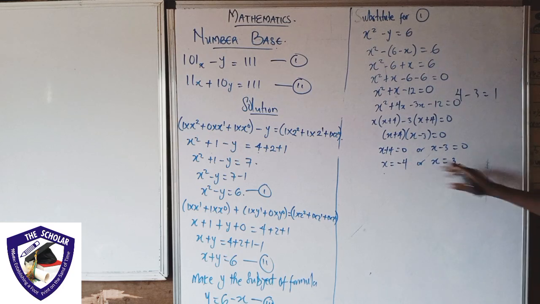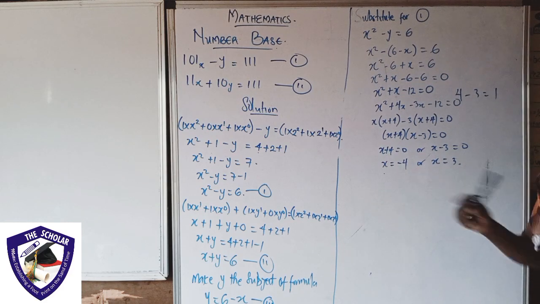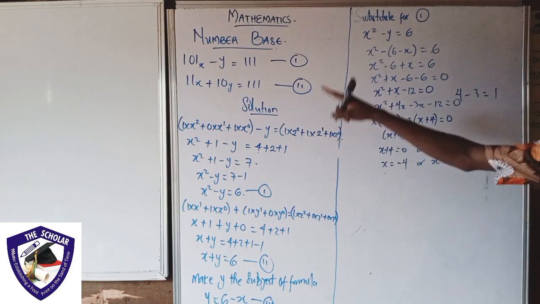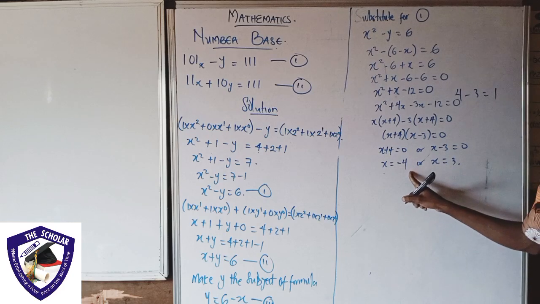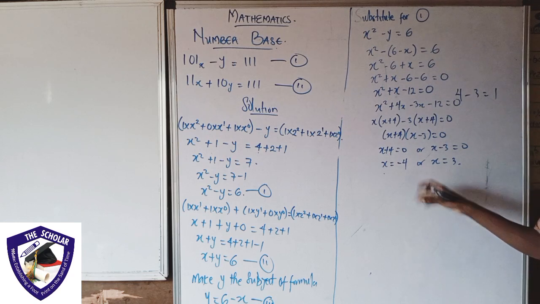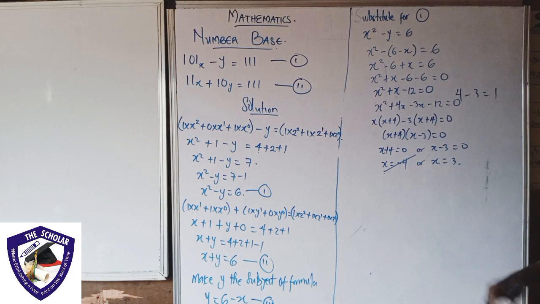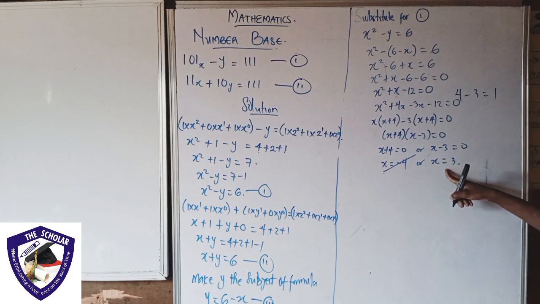So I have two values of x. The next thing I'll do is to note that the base of any number can never be negative. When it comes to number base, we don't have the base of any number to be a negative integer. So we scrap this out, and this will never be our answer. So we choose x equals 3.